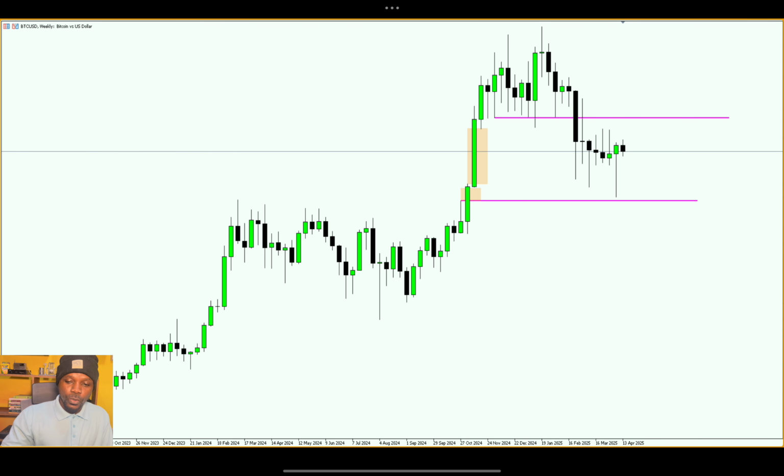Okay, so right in here we are down to the weekly time frame, and you could see that, coupled with the fact that there was a fair value gap on the monthly time frame, exactly where price has traded into there is also a fair value gap on the weekly time frame.